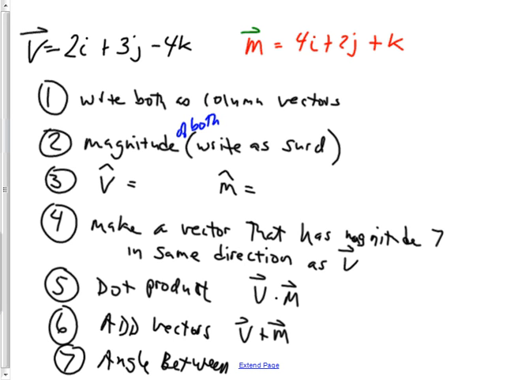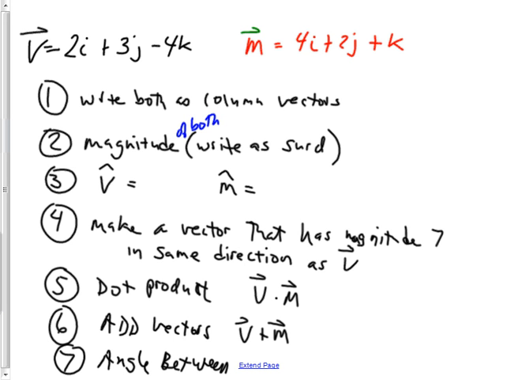Don't let that freak you out. If you don't know what that means, you're probably going to do it right anyways. Number 3 is the V with a little hat. I'd hate for anybody to not know what that was. What is it? The unit vector. So you're finding a unit vector for V and for M. For number 4, you're going to make a vector that has a magnitude 7 in the same direction as v.